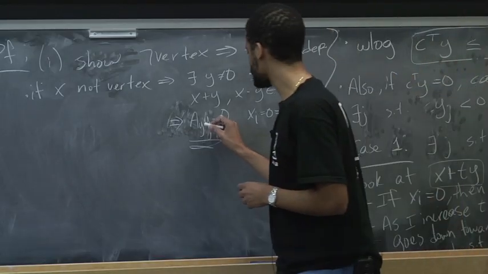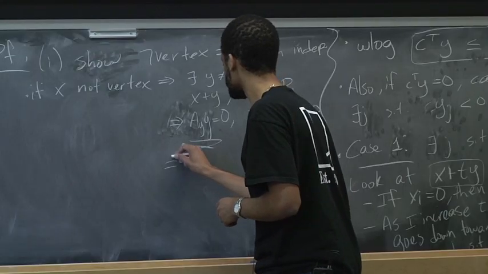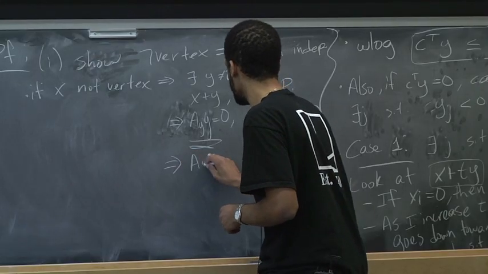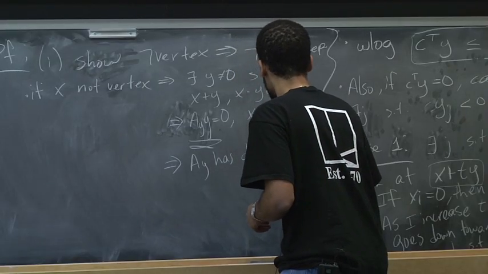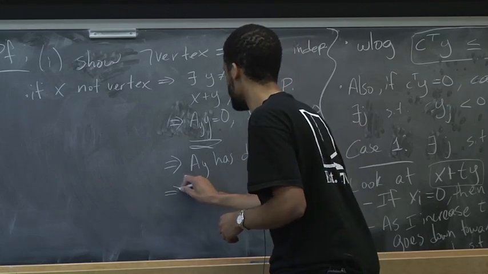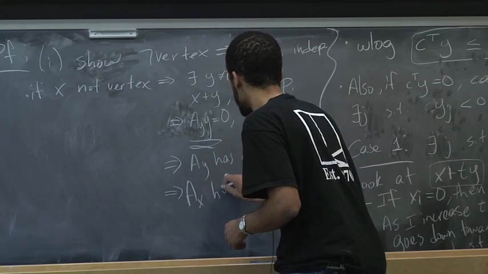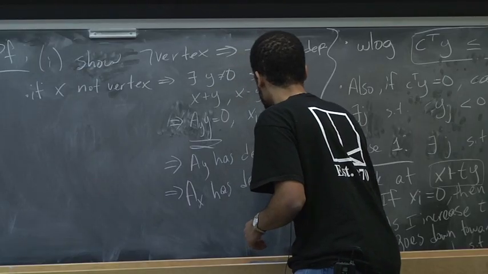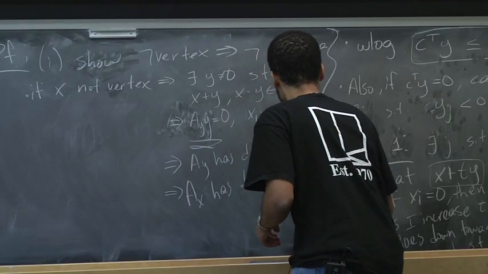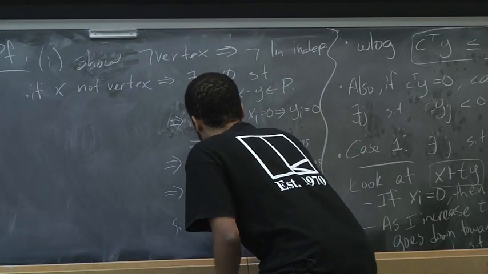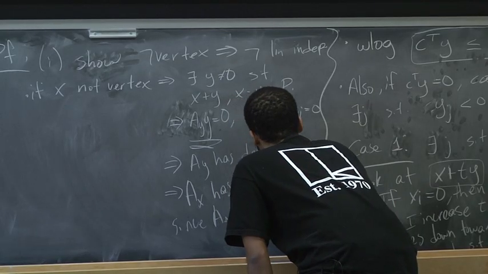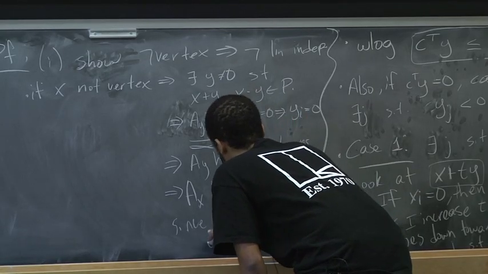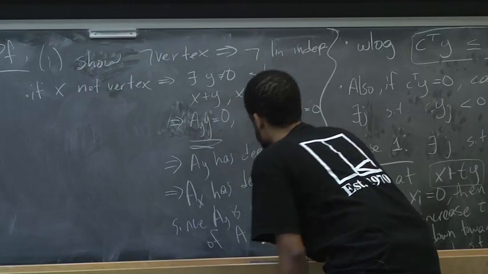So this implies that A sub y has dependent columns, which implies that A sub x has dependent columns, since A sub y is a submatrix of A sub x.